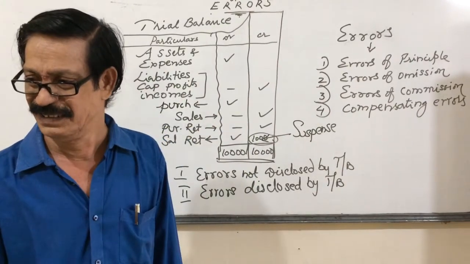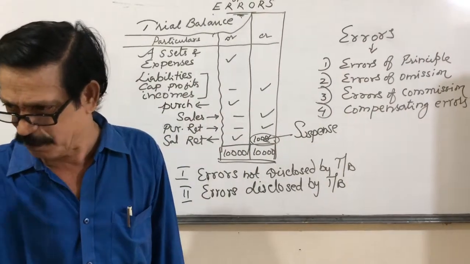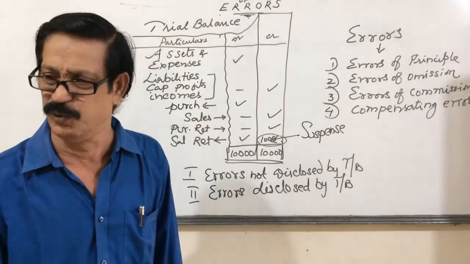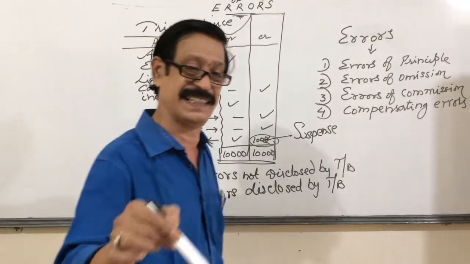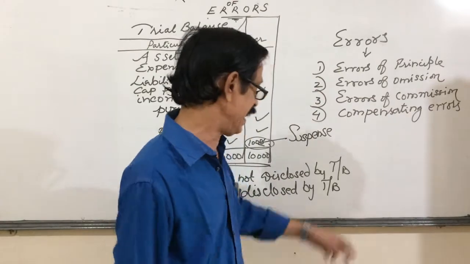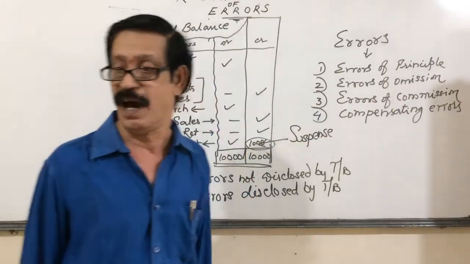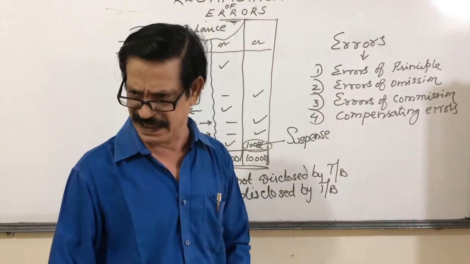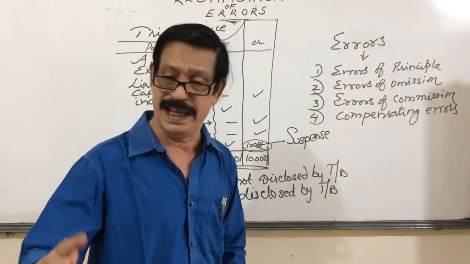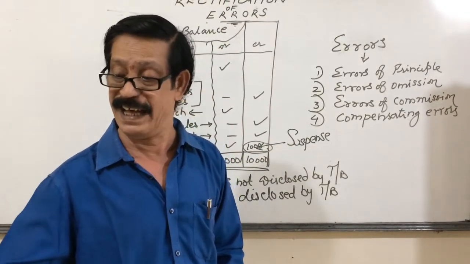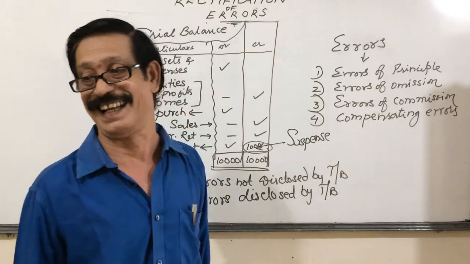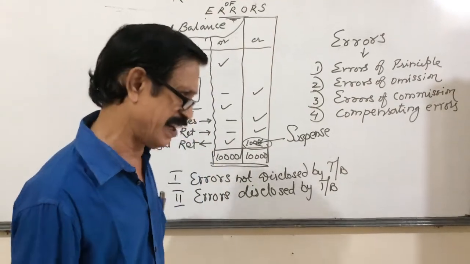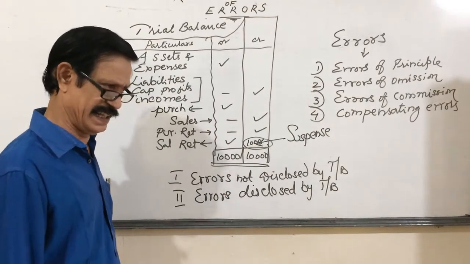Clerical work, not concept, not the principle. Just at the time of doing clerical work, you made an error. Next and last, compensating errors. Here, two errors are made. One error compensated the other error. Such type of errors are called compensating errors.